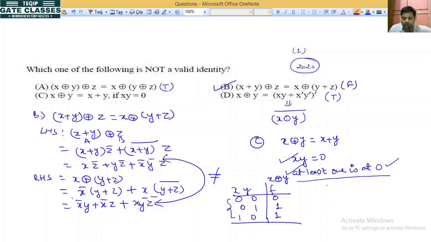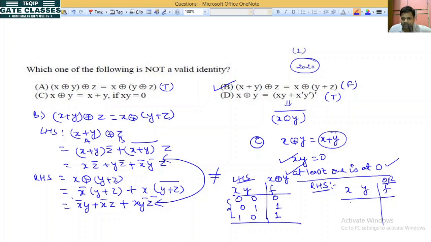Okay, that is the LHS, left hand side. Now I am going for the right hand side, it is X plus Y, so make again one truth table for OR gate.